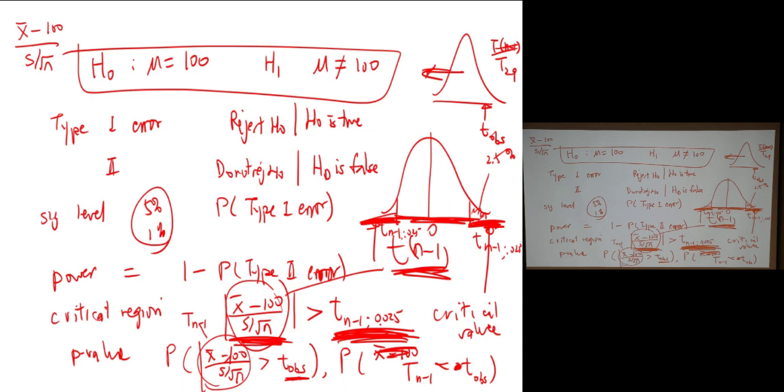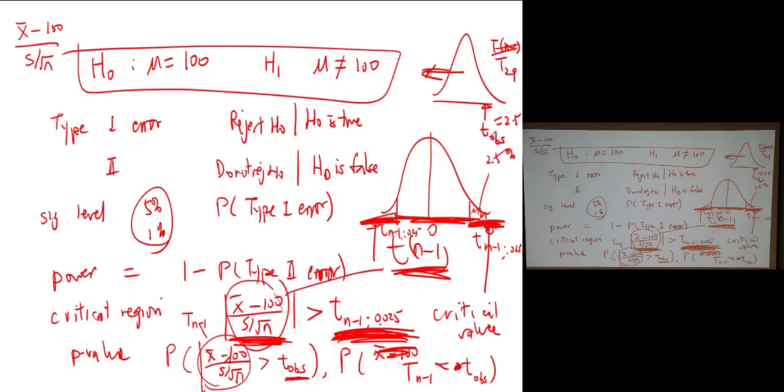Okay, to make it more concrete, let's say after I compute x bar, compute s, I got this value equal to, let's say, 2.5. All right. So is this extreme? So we will look at this probability, that is this one.